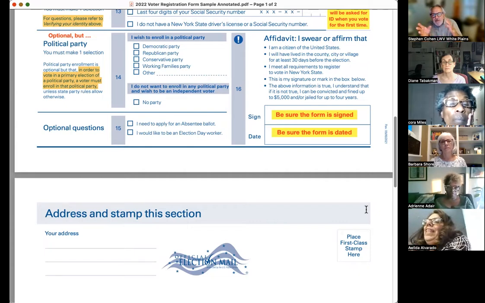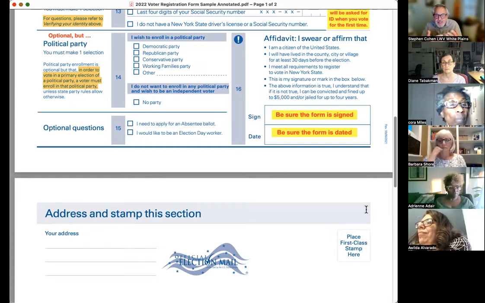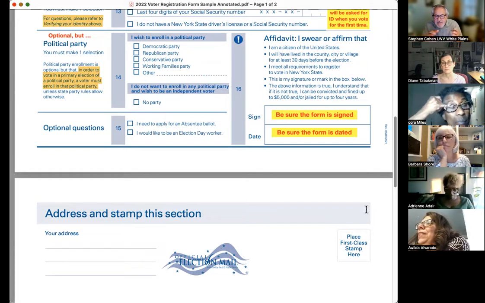However, you should tell them that in New York State, if a voter wishes to vote in a party primary, a Democratic primary, a Republican primary, a Conservative Party primary, whatever primary, that voter must be a registered member of that political party.